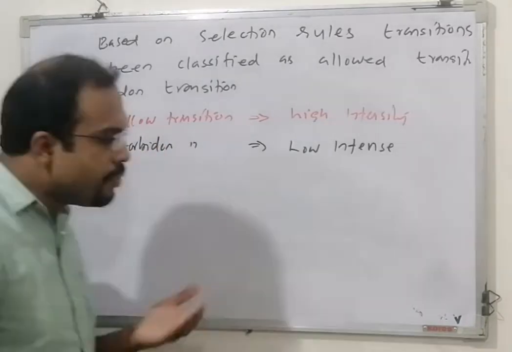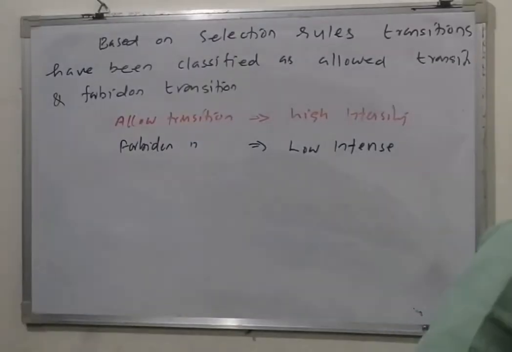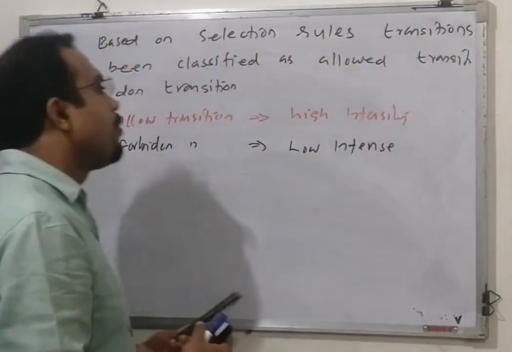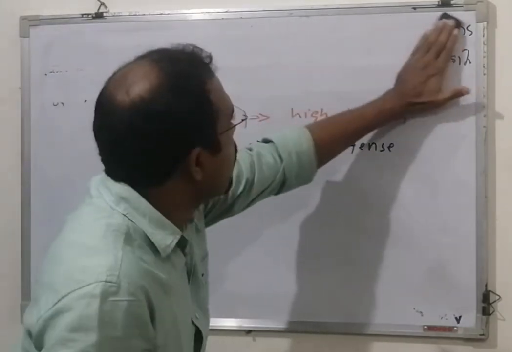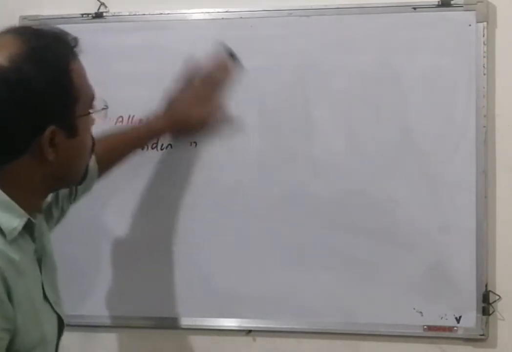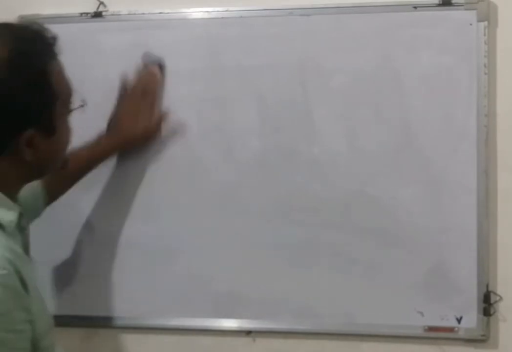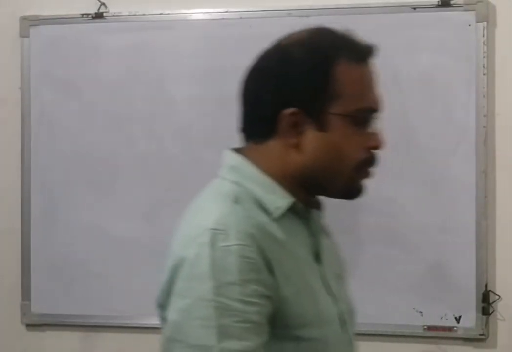Now there is always a question: which is an allowed transition and which is a forbidden transition? The allowed transitions are selected by following selection rules. That is, if the transition follows certain selection rules, then we can say that those transitions are allowed.